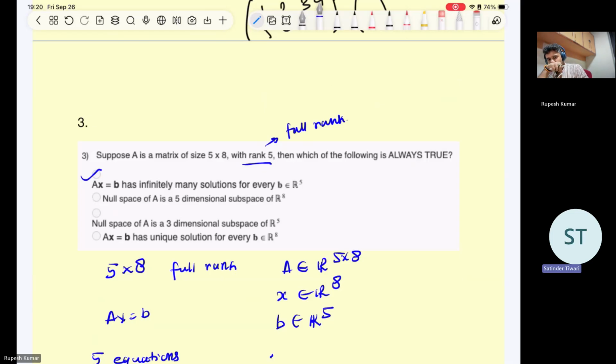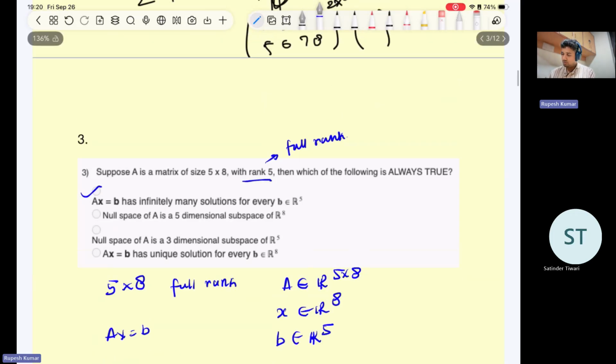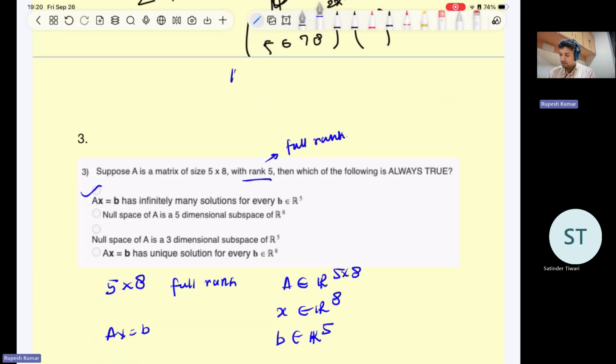Yes, sir. So basically you have to think of it like this. It's a very unusual way, but you can look at it like this. Let's say you have 8 vectors in R5 such that 5 are linearly independent.